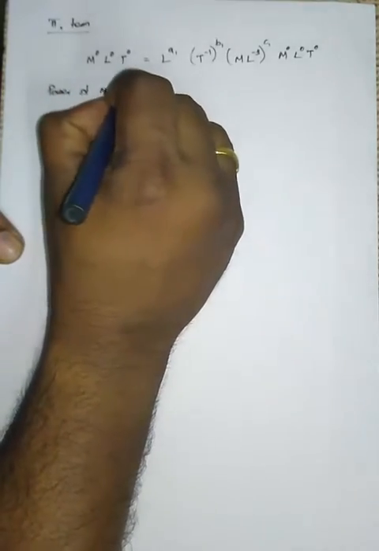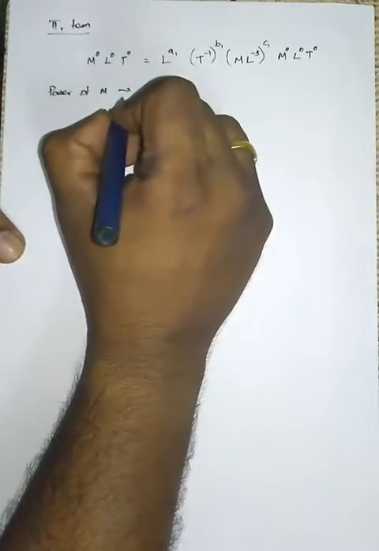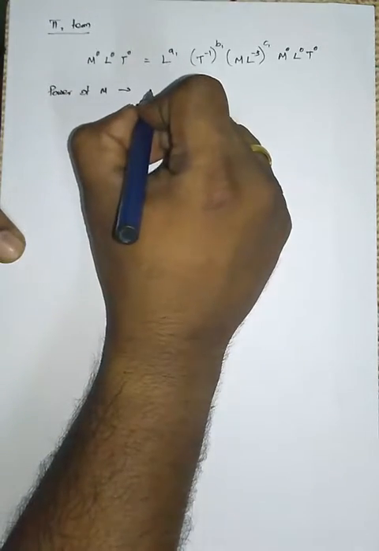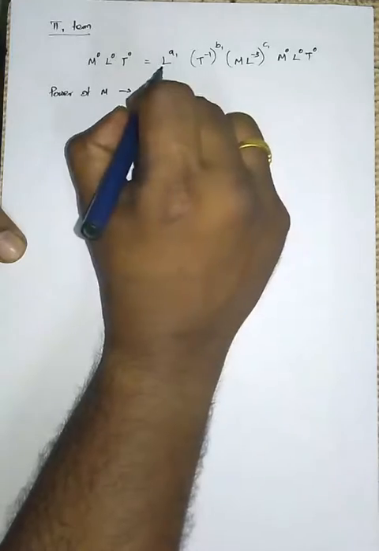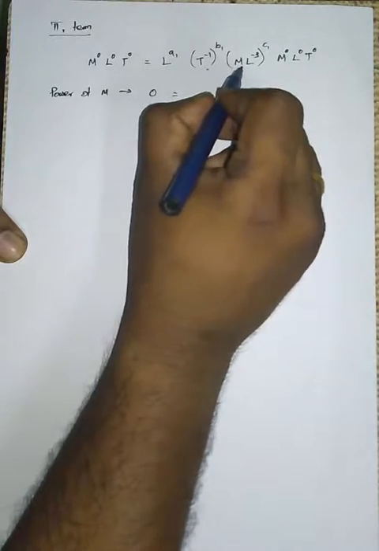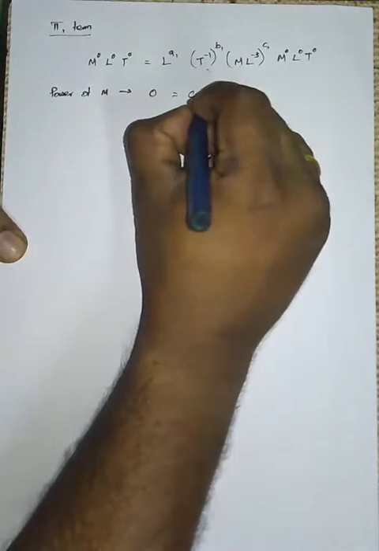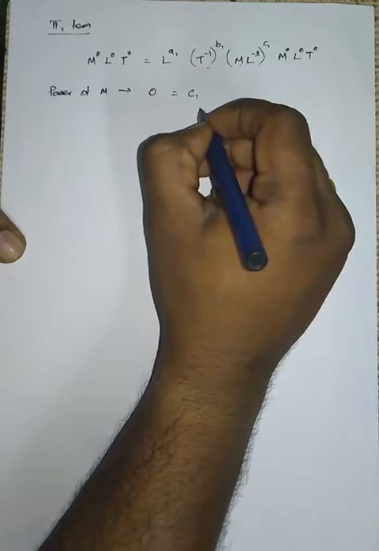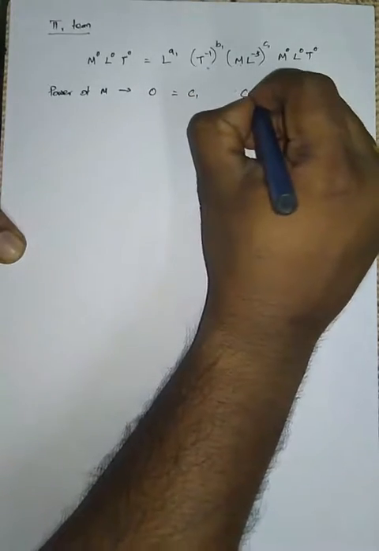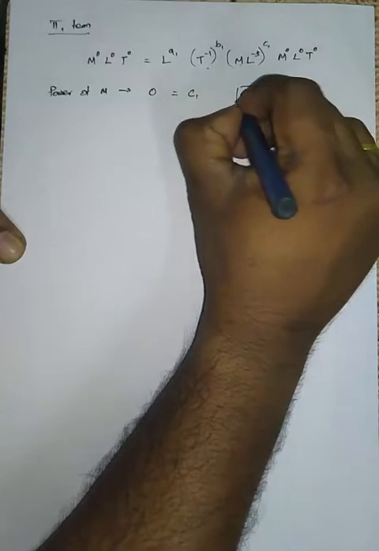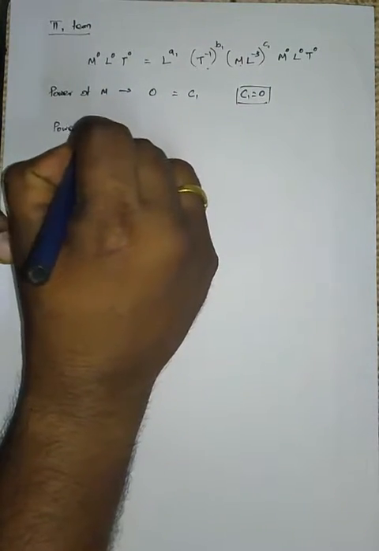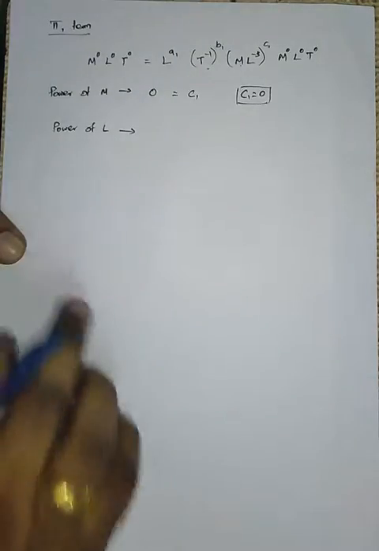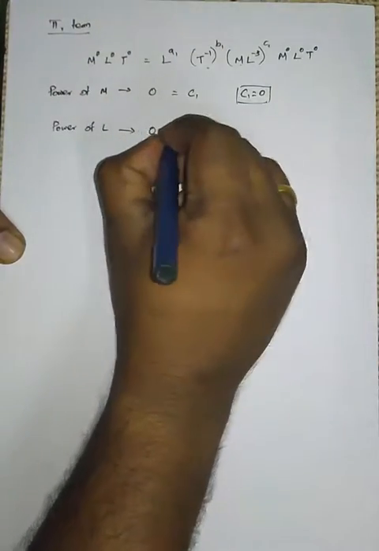Now the power of the M term, you must be very familiar with that. In the left hand side it is 0, in the right hand side it is 0, here it is 0, here M power c1. So c1 equal to 0. That is the first find out. Then the next step is the power of L. In the left hand side, the power of L equal to 0.